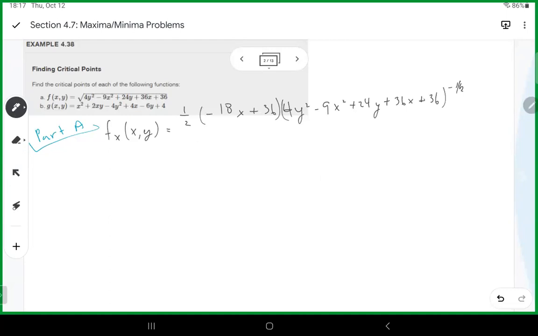If you work that out a little bit, you end up getting negative 9x plus 18 over the square root.